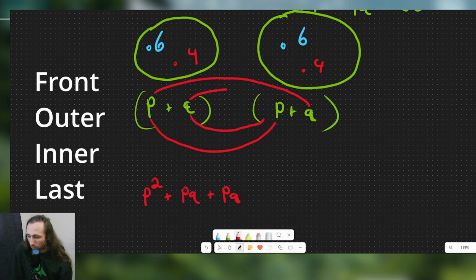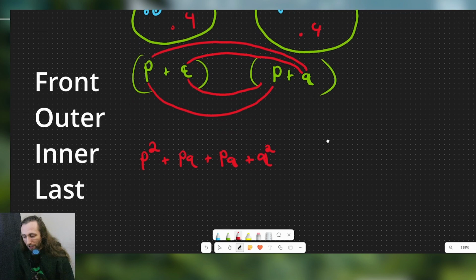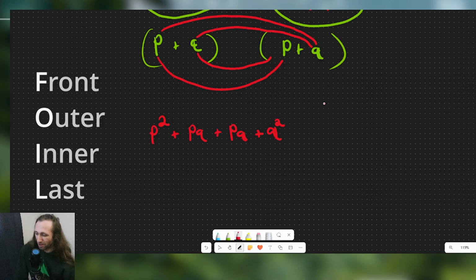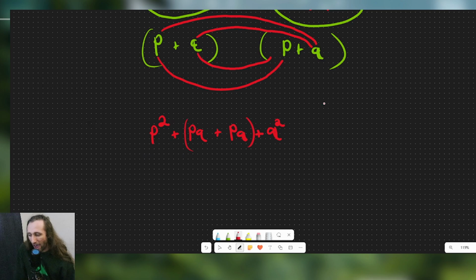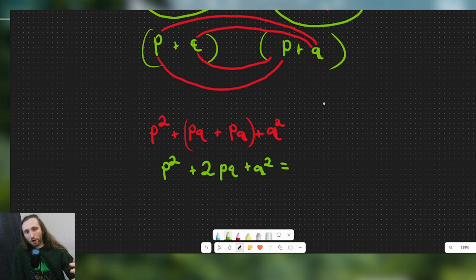We have q times q. And that right there, q times q, is going to be q squared. And what we see here is we can simplify this. We can take pq, add those together, and we get p squared plus 2pq plus q squared. And each of these equals 1, and 1 times 1 is 1. So here we go, equals 1.